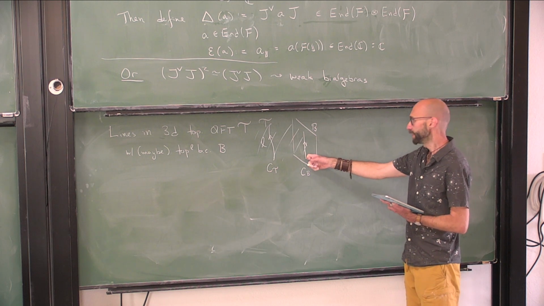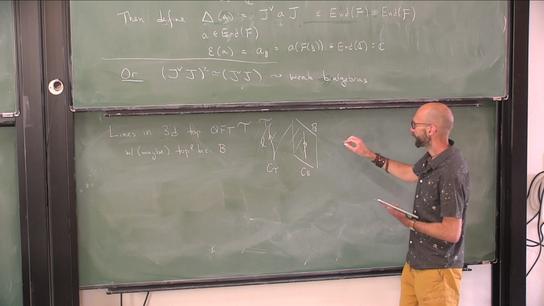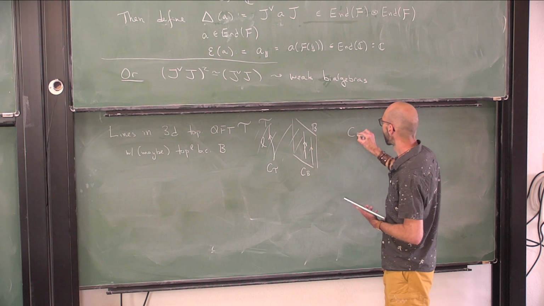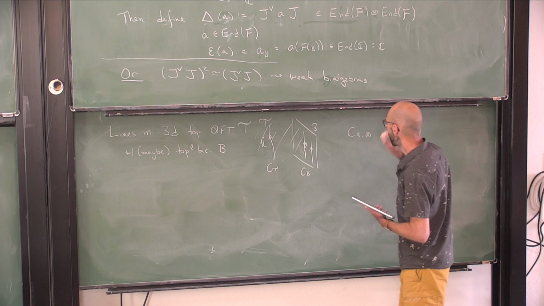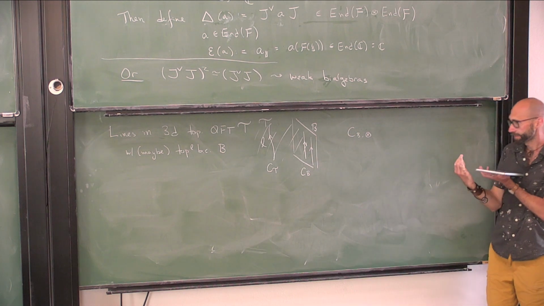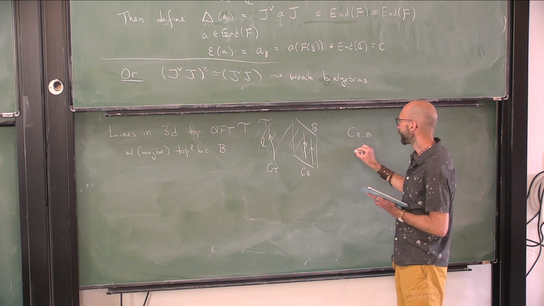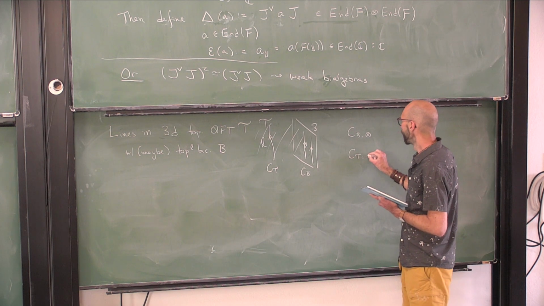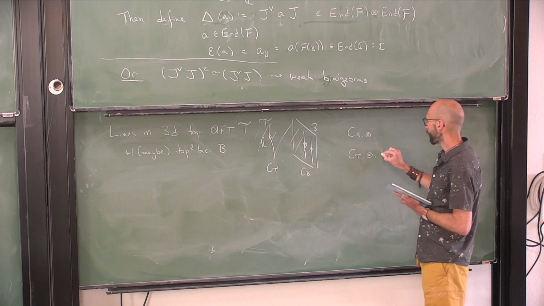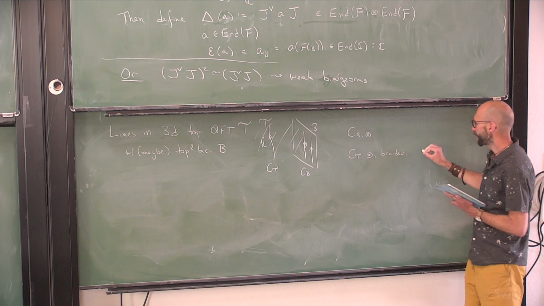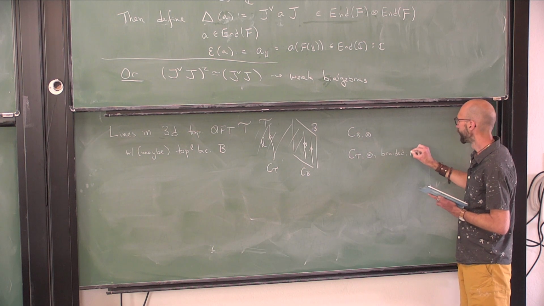CB is monoidal. It has a tensor product from collision along the boundary. CT is monoidal and braided and generally ribbon.